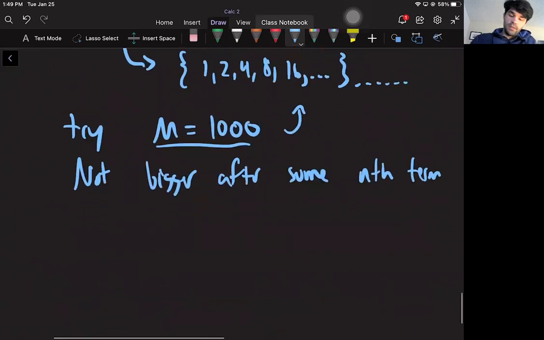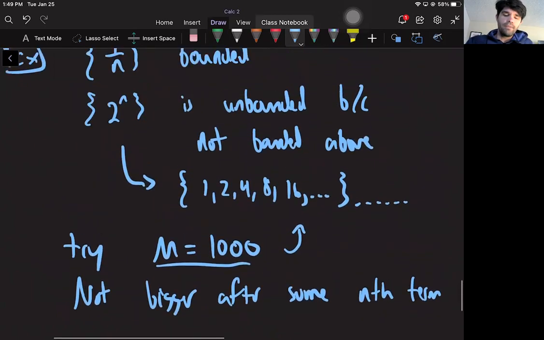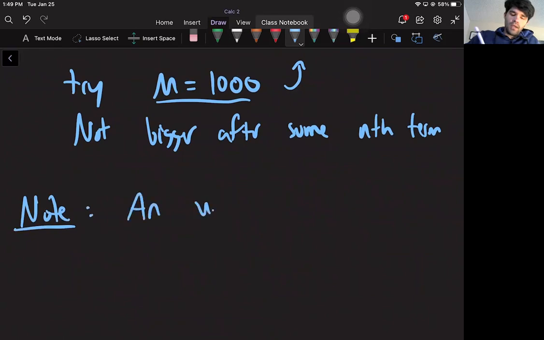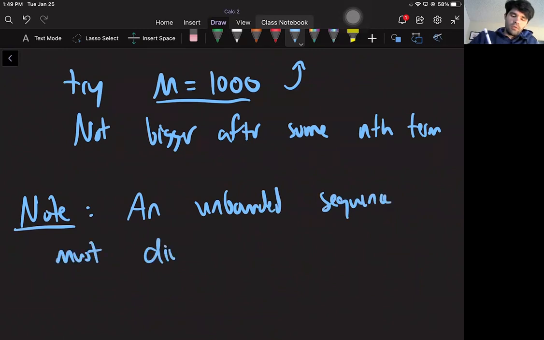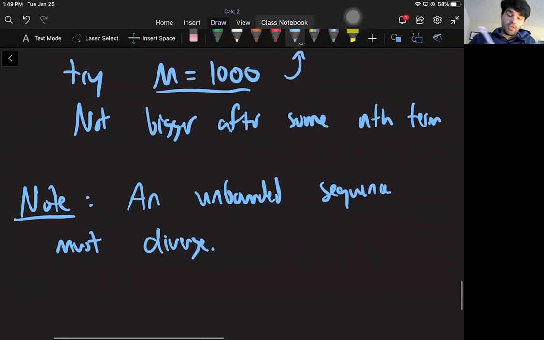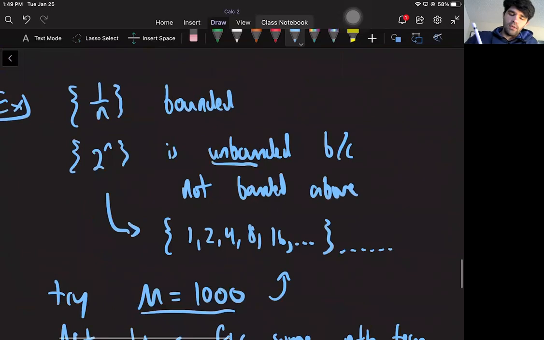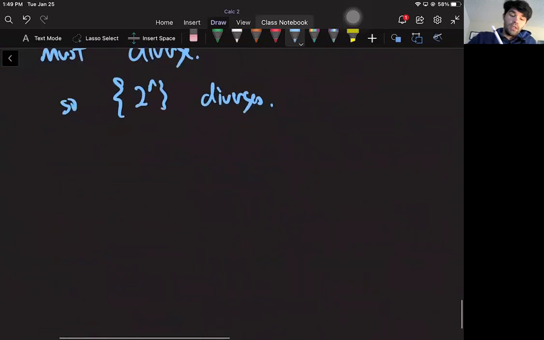Unbounded sequences are nice because it tells you right away that they diverge. So an unbounded sequence must diverge. Right away, for example, we could say 2 to the n diverges. But it doesn't matter that it's 2 to the n, it matters that it's unbounded. Visually, you could think about it like this.